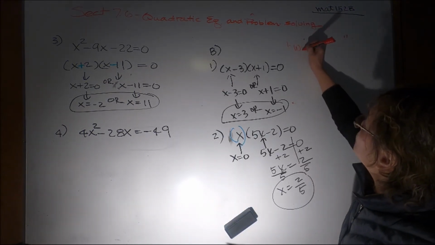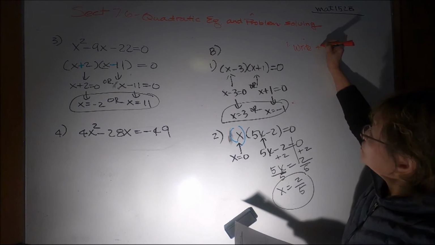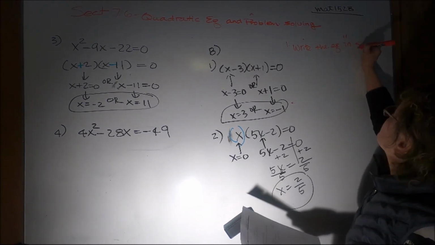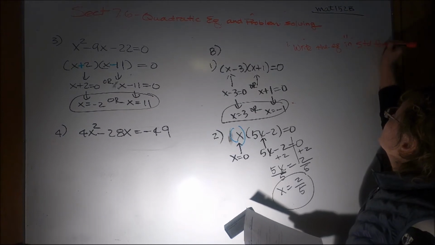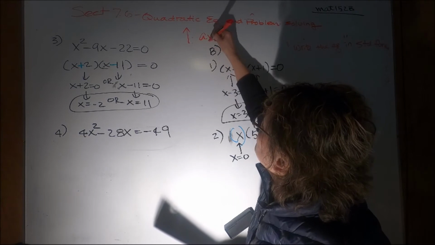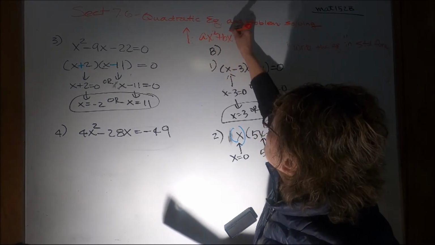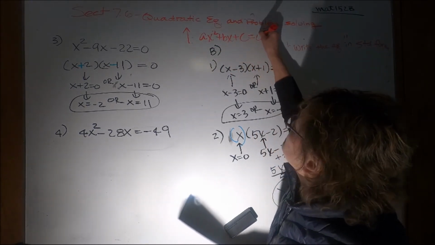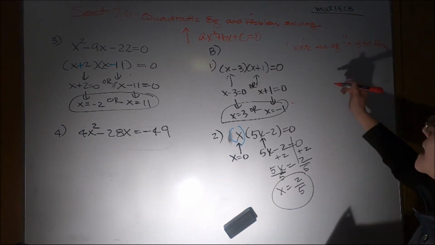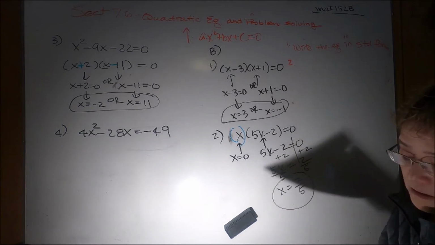So we always do what? We will write the equation in what kind of form? Standard form, right? So what is a quadratic equation in standard form? A second degree polynomial equals 0. So move everything to one side, and the other side is 0, right?